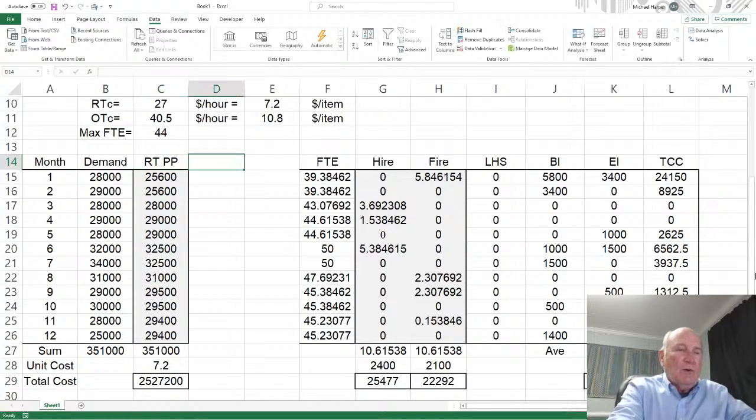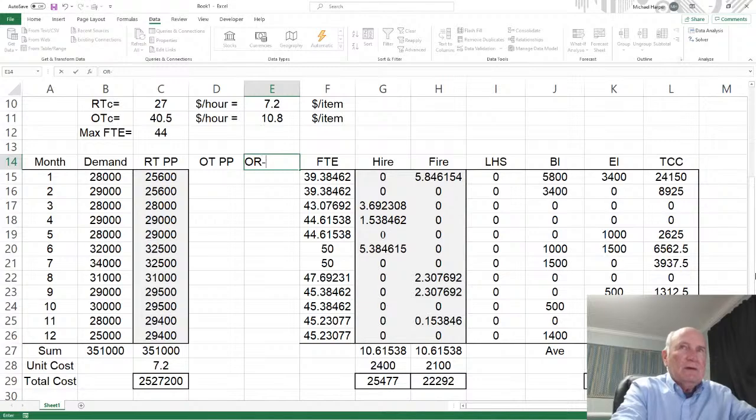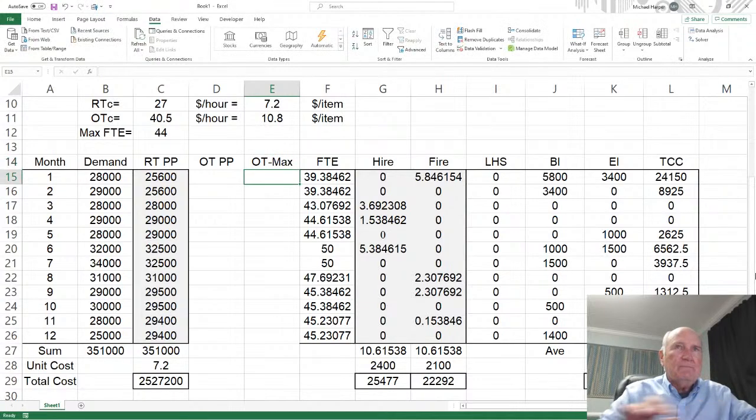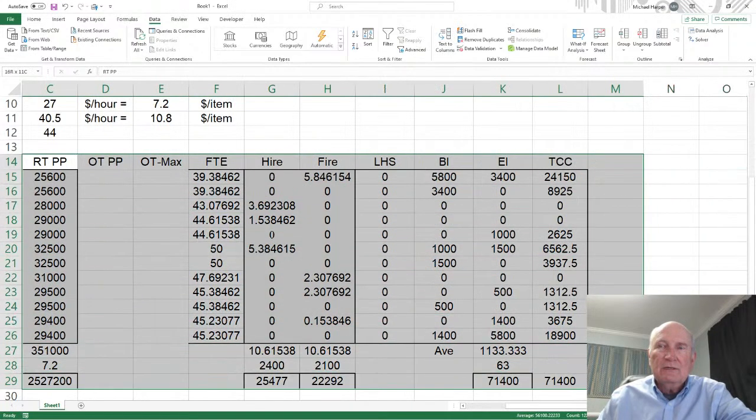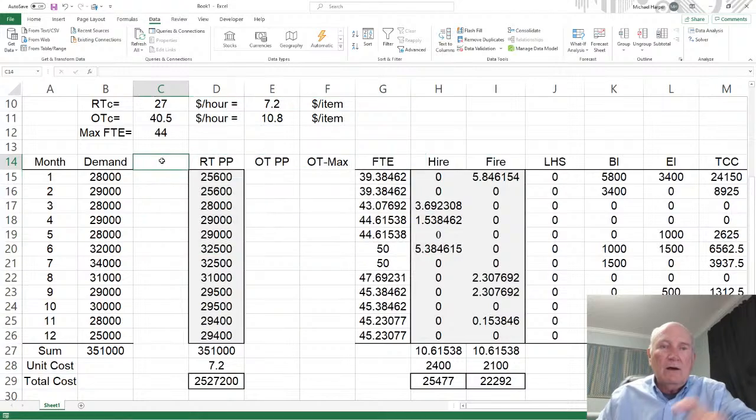And this is going to be our overtime production plan. Okay? And then right here, let's have our overtime max. Okay, but then once we do that, let's take this over here. Now our production is going to equal our production plan here. Whoops.